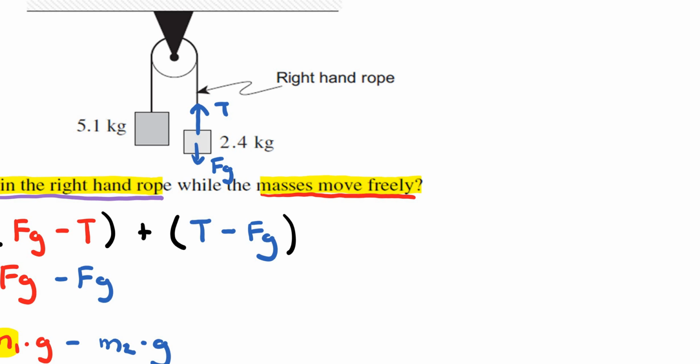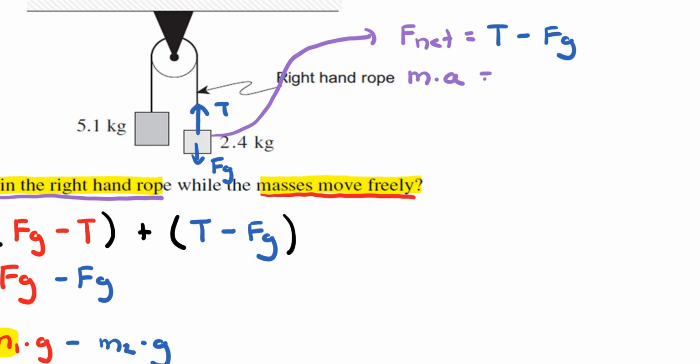If I had to create an F net equation for this particular block right here, I would label this F net equals the blue tension minus the force of gravity. Okay, and then using Newton's second law, I have mass times acceleration equals the tension in the rope minus m times g.